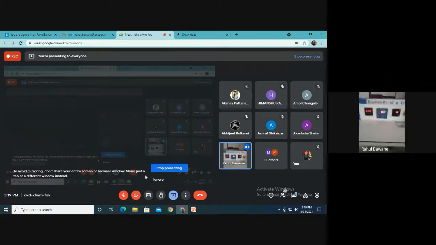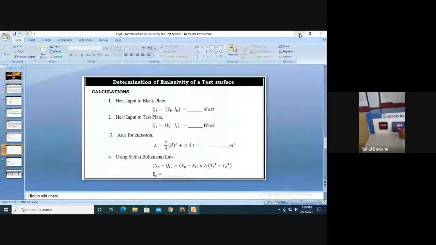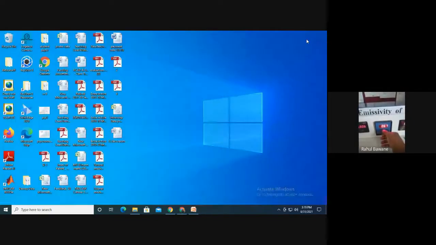Now imagine the black plate is heated with 50 volt and the test plate with 45 volt. After 30 or 40 minutes, we have to check whether T1 and T2 are the same or not.